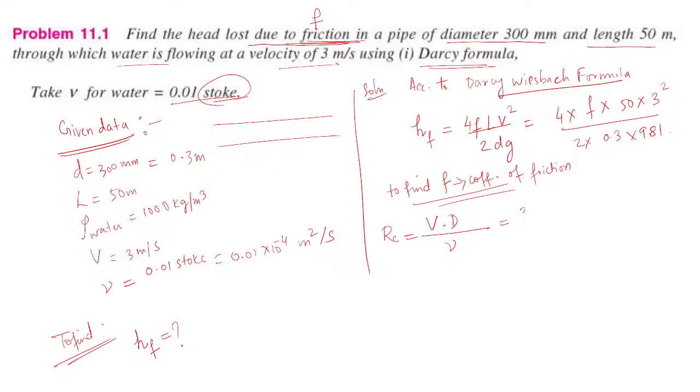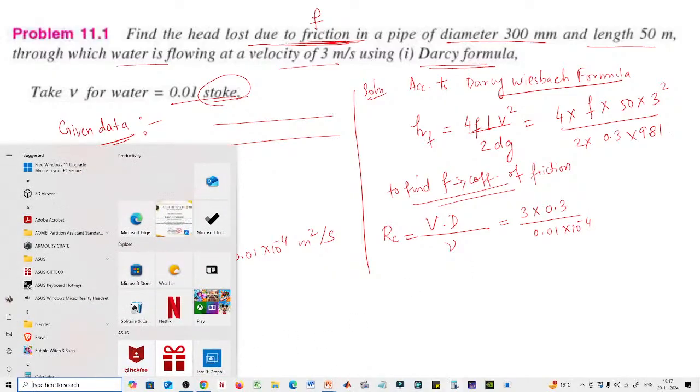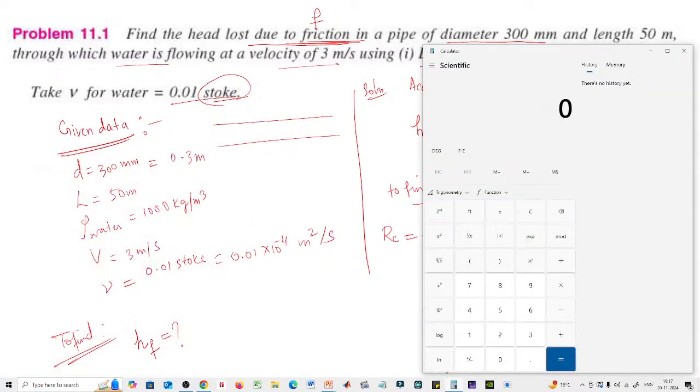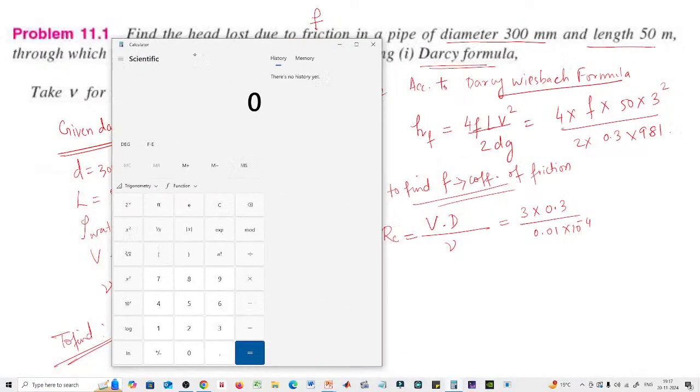Now what is my v? 3, diameter is around 0.3, and nu value is around 0.01 into 10 power minus 4, right? Now here I have my calculator, right?